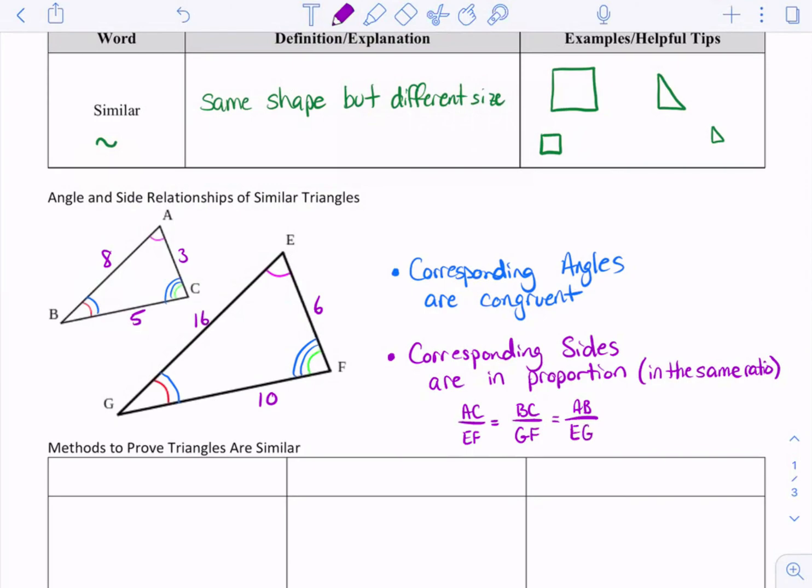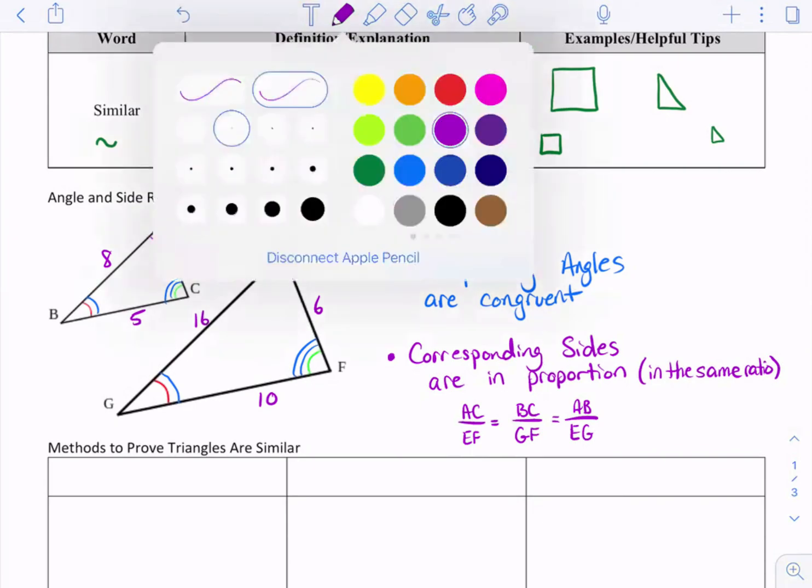Okay, so that's what it means that the corresponding sides are in proportion. I could set up a proportion, which usually you set up only 2 of those, cross multiply and solve to find some missing parts, which is what we'll do tomorrow. But really, that's the main thing you need to know about similar triangles.